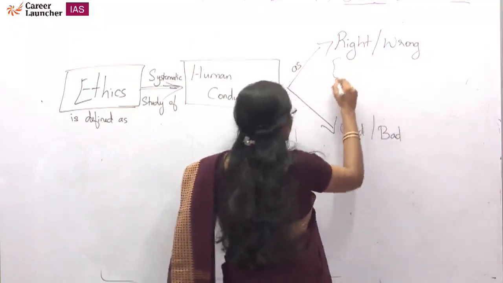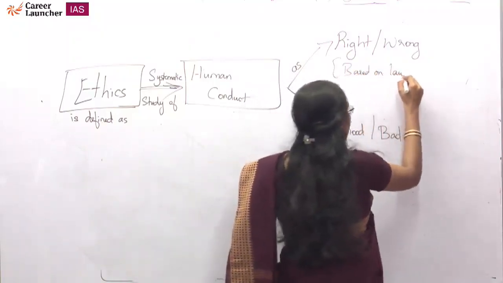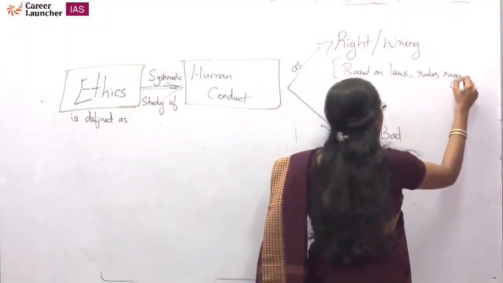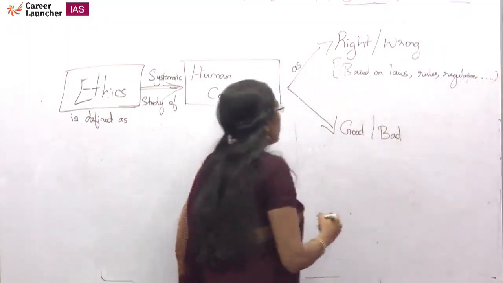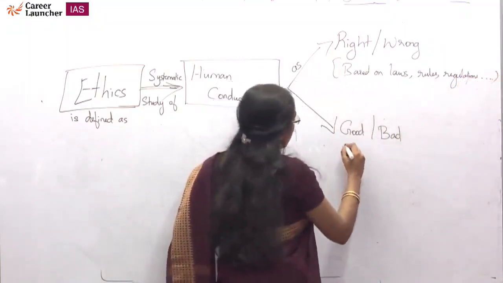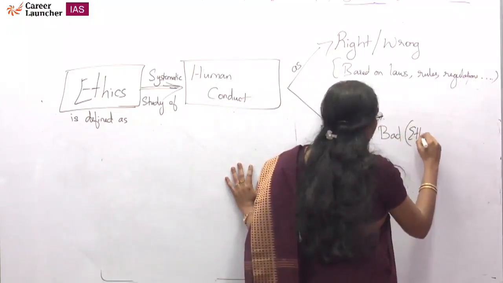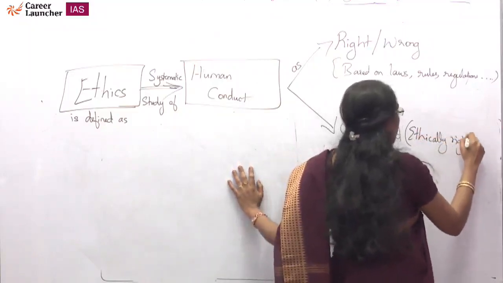Right or wrong is always based on laws, rules, regulations, dot dot dot. Good or bad is always based on... Good or bad is otherwise called ethically or morally right or wrong. Ethically right or wrong.